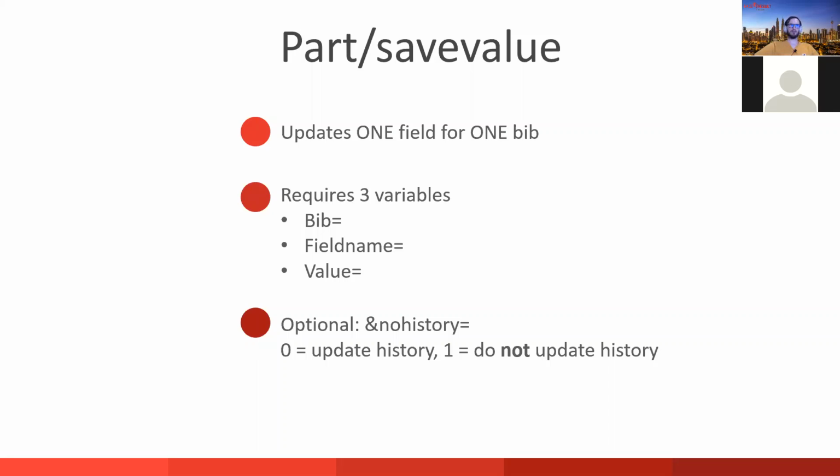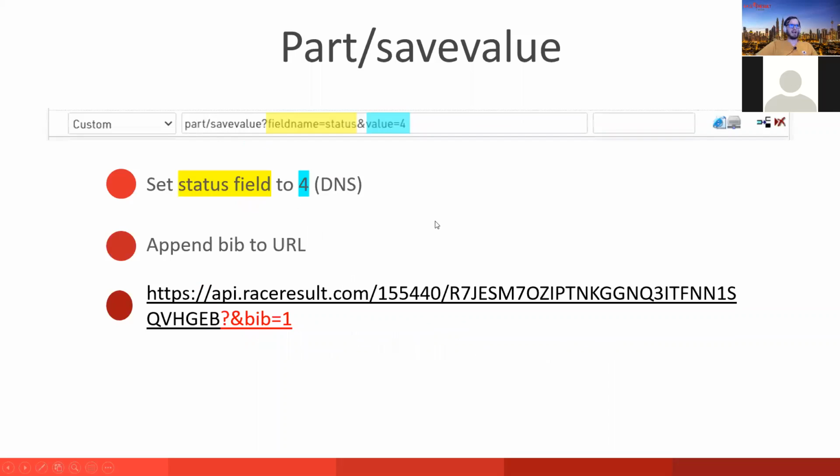We can define if you want that to update or not. And in this example here, I have part/save value, field name equals status, and value equals 4. Now, if I did that here, it would probably do it for everyone. I wouldn't recommend that. But what I will do is I will append the bib to the URL. So I can set the bib to be changed within the URL parameters, and it will only do it for bib equals 1.